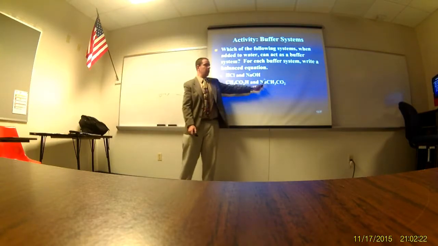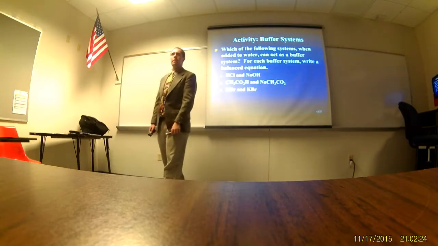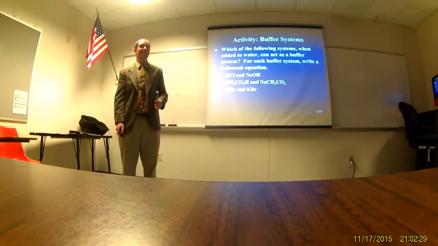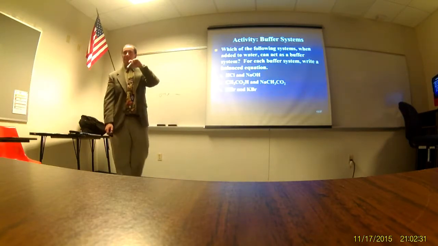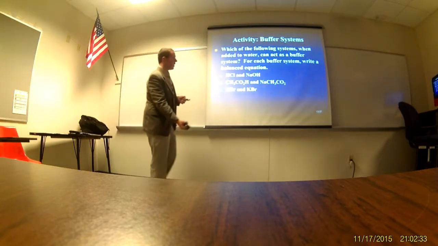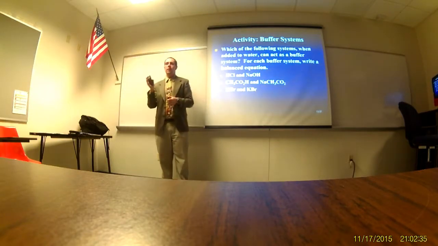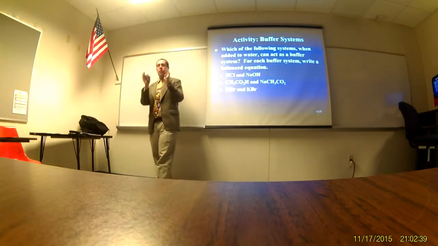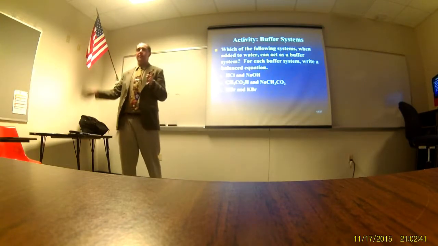Where does the sodium come from? So you want to make a buffer, okay? This is acetic acid, okay? You have to add your weak acid and the conjugate base.